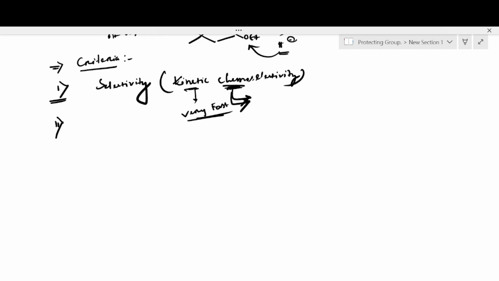The second criterion is that it is easily deprotected. At the end we need the deprotected one, right? We protect because we need to react the less reactive functional group, but after that we need the substrate like before. The third one is that it should not have any additional functional group.